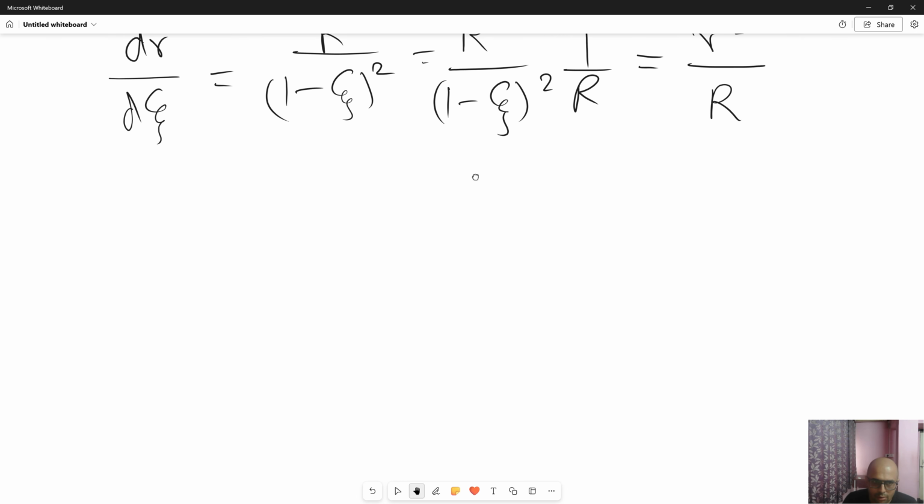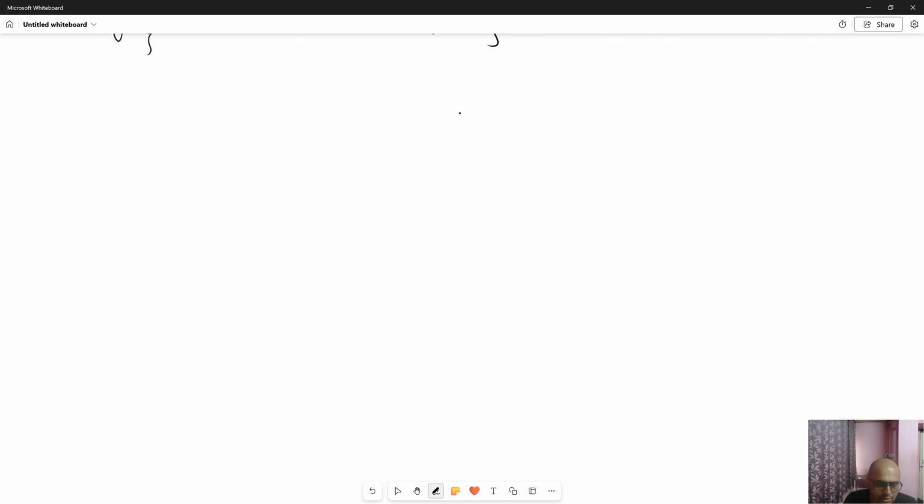Okay, so now let us try to understand our derivative. We want to represent d phi by dr, right? So let's just expand this as a series of polynomials inside the element.